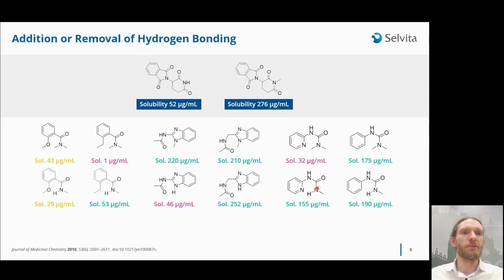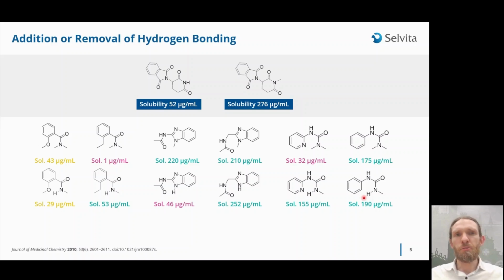So this molecule is quite soluble. If we have it dimethylated, this molecule is the least soluble. And if we remove the aromatic nitrogen, both molecules are quite nicely soluble.